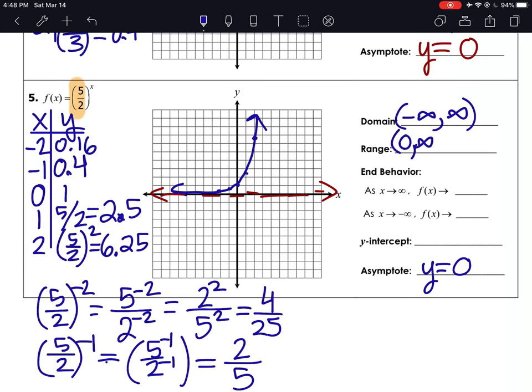Same thing as saying 0 to infinity without 0 being included, or y is bigger than 0. As you're going to the right, you can see that my graph is increasing, which is positive infinity. As you're going to the left, the graph is approaching 0. Your y-intercept would be 0, 1.